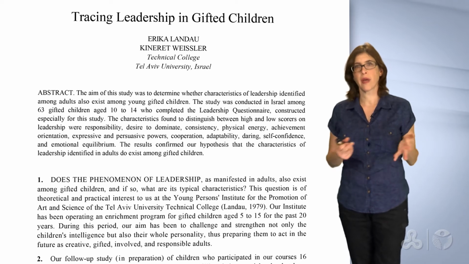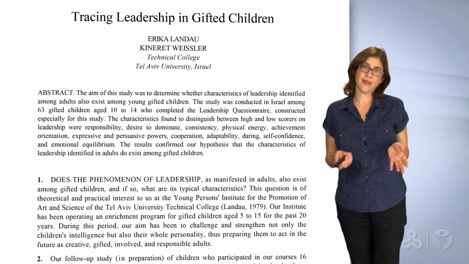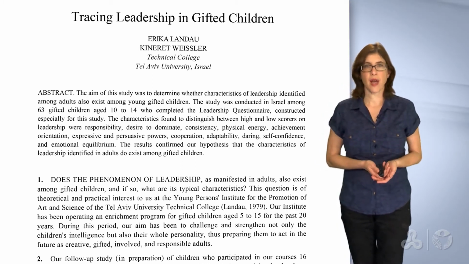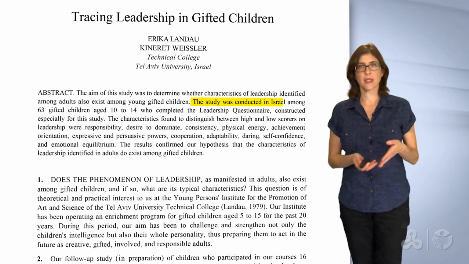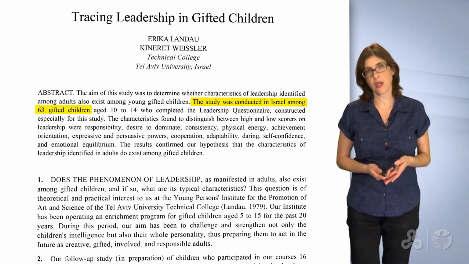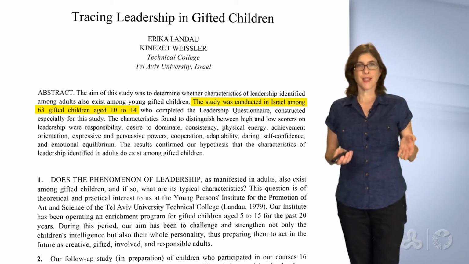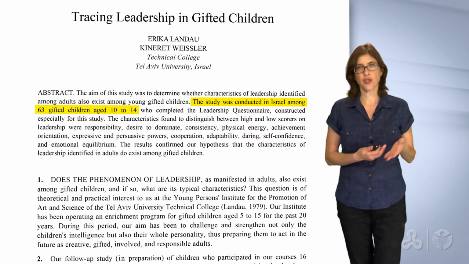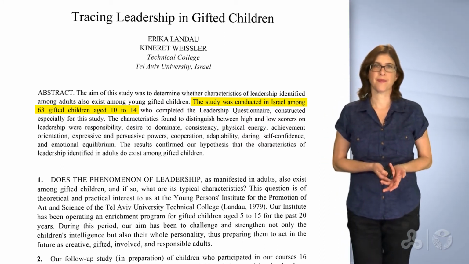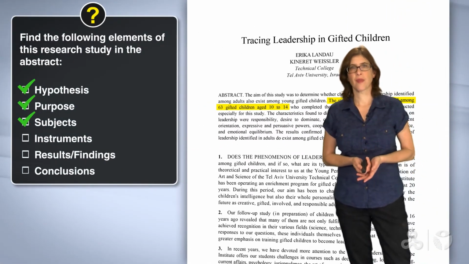Their number, age, where they are from, whatever the text gives us. In the second sentence of the abstract, we can read, "The study was conducted in Israel among 63 gifted children aged 10 to 14." So in this sentence, we found the children and all the details about them. Well, it looks like we found our subjects.